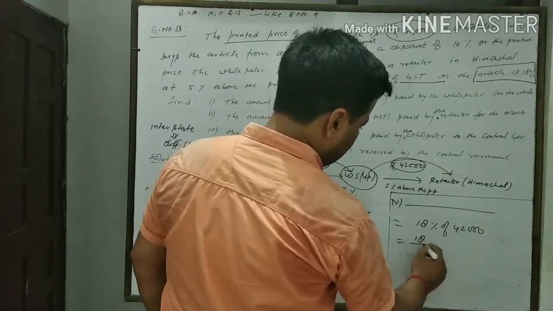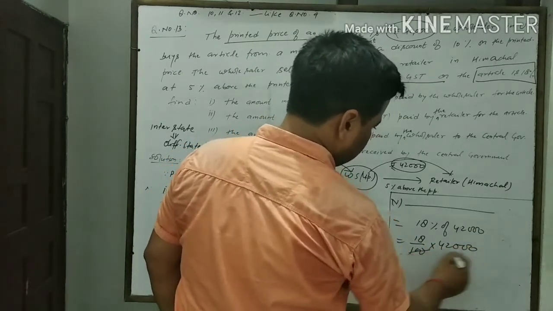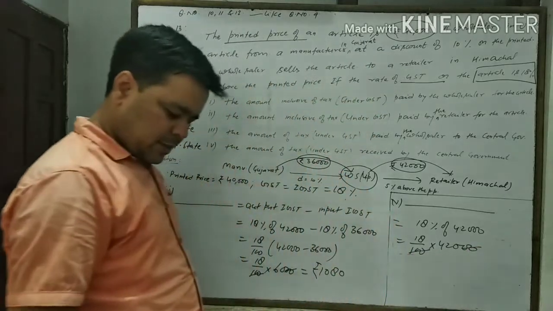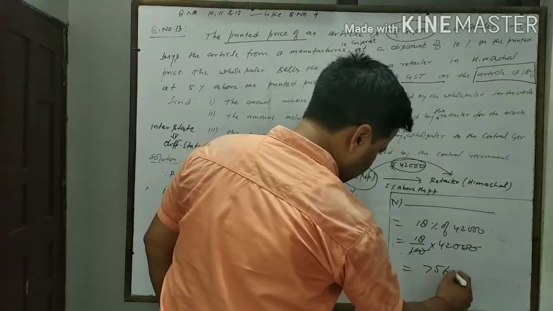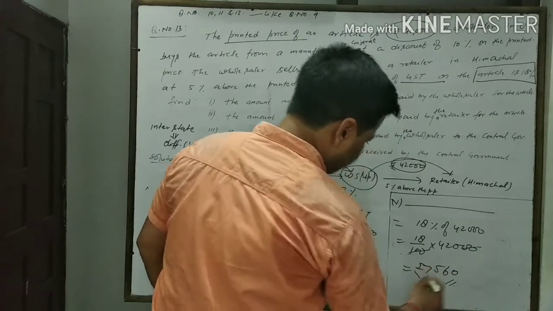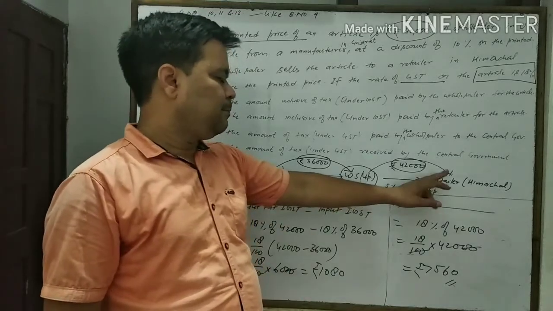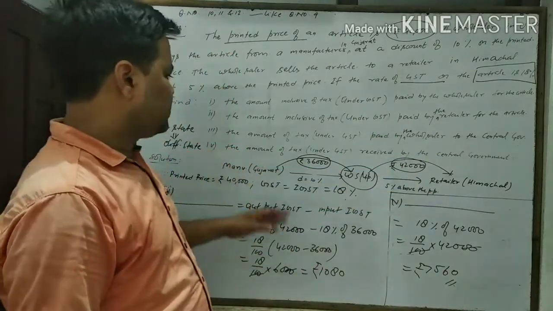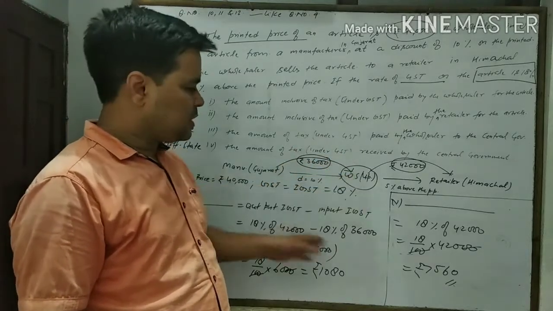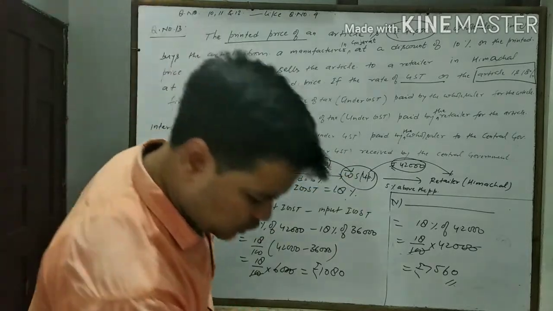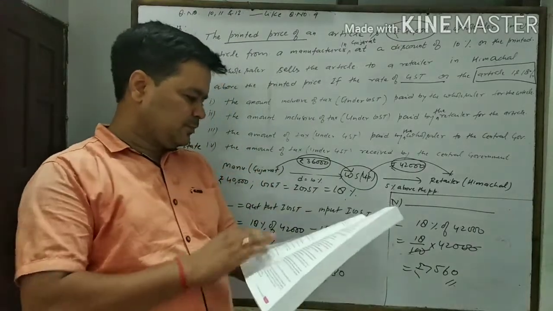Then 18 by 100 into 42,000, zeros cancel, and its value will be 7,560 rupees. This is the amount the retailer paid to the central government as tax under GST. So this is the total about question number 13. Now let us see the book.